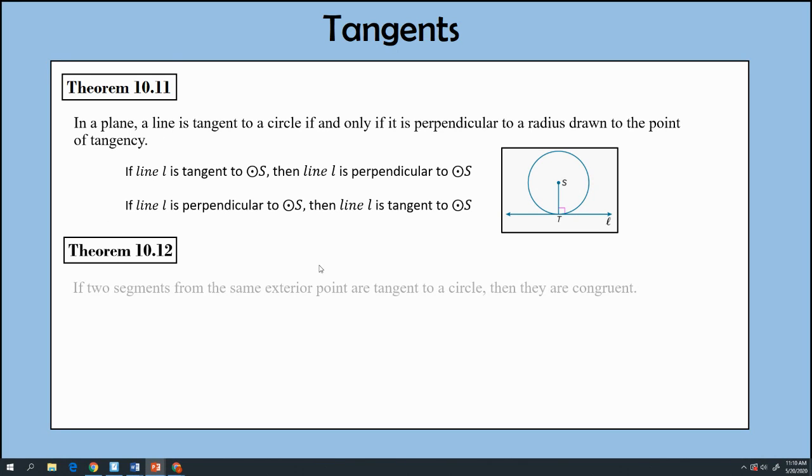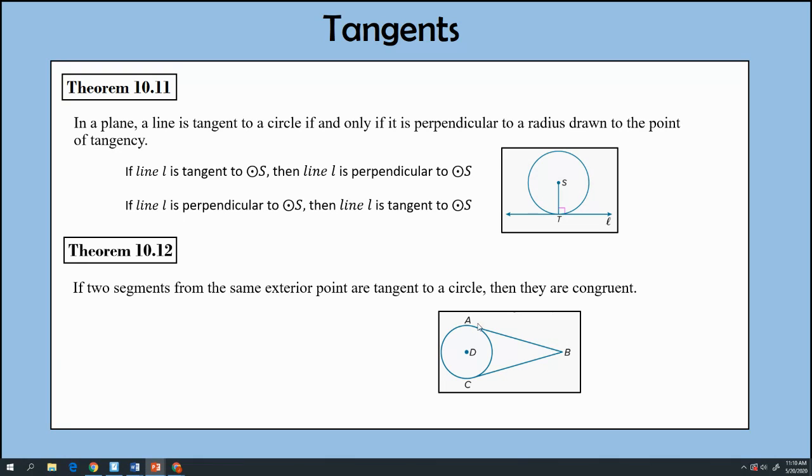All right, the other theorem here says that if two segments from the same exterior point are tangent to a circle, then they have to be congruent, the same length. So here we're looking at circle D. A and C are points of tangency that have extended from point B. Point B has to be on the exterior of the circle, so point B is out here.